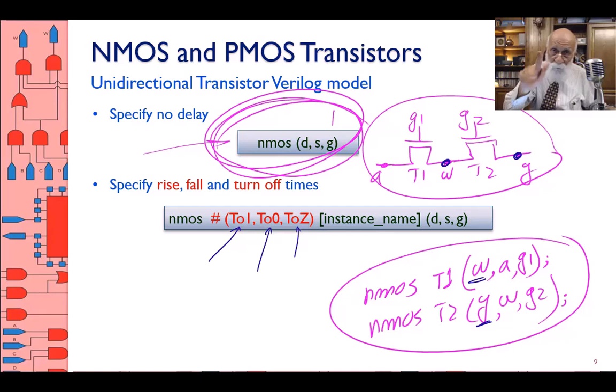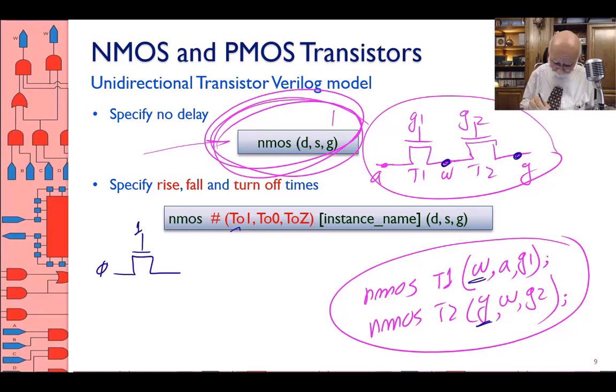Let me show you all 3 cases here. I'm showing it for NMOS; PMOS is basically the same thing. Here's an NMOS. This is 1, that means it's conducting. This is 0, and because this is conducting, this is also 0. Something happens. This 0 changes to 1.